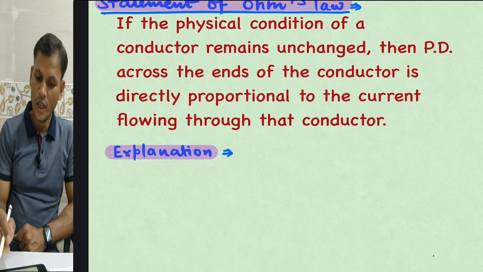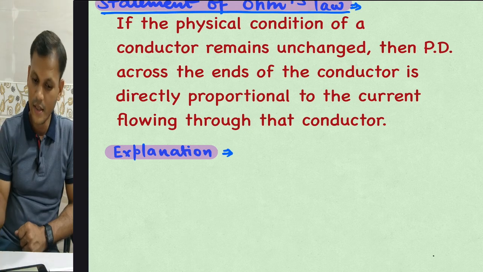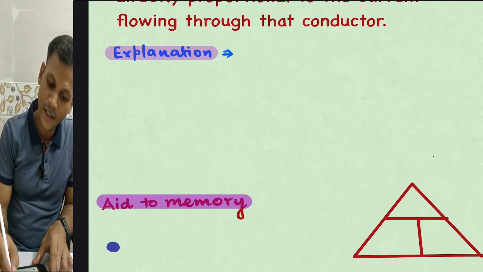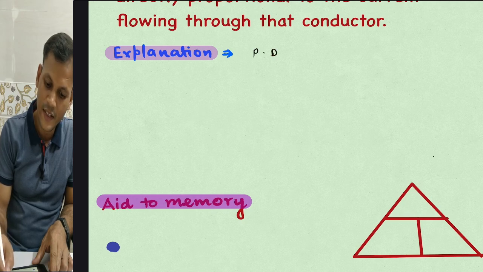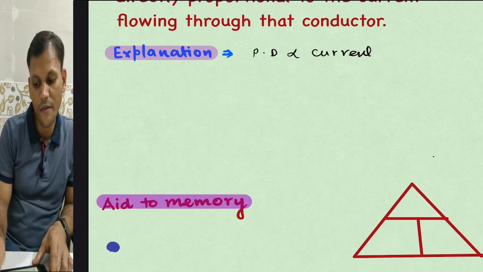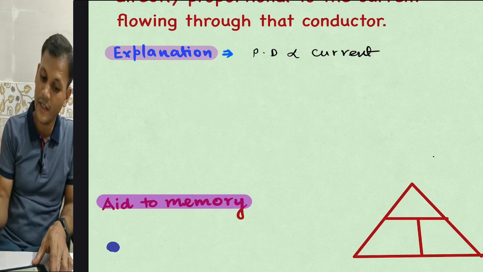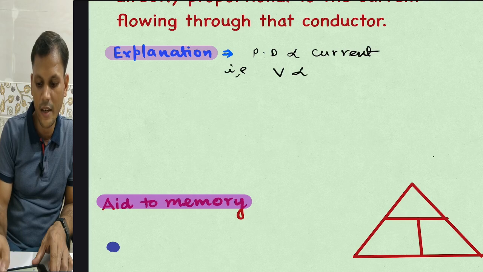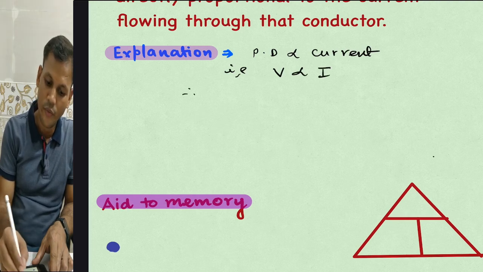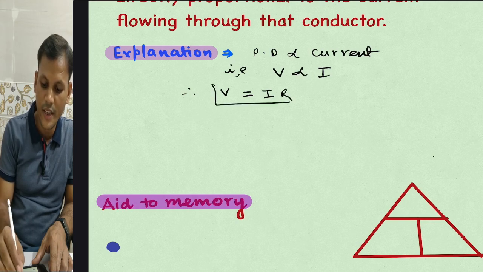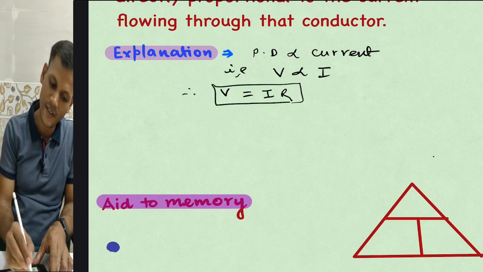So whatever observation we were discussing, we can write here: potential difference is directly proportional to the current if the physical condition of the conductor remains the same. That is, V is directly proportional to I. So V = IR, where R is the proportionality constant.